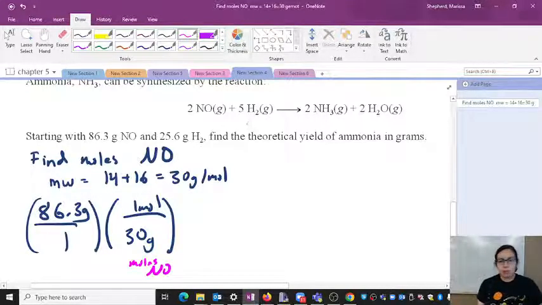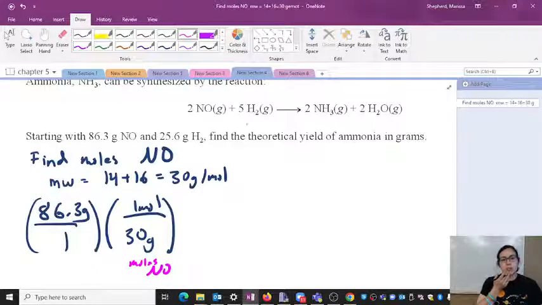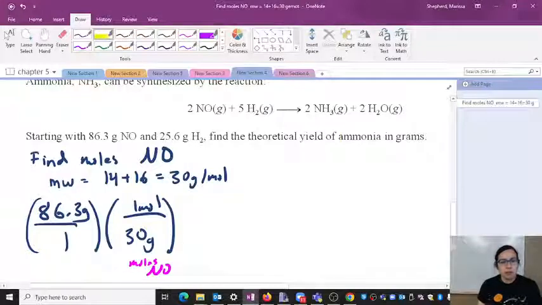So we could do that, or there might be a little bit easier way to do it, and we'd save ourselves some work in the future. So instead of comparing NO and hydrogen, what else could we compare? Because you're not wrong, it's just the longer way of doing things. We're trying to find ammonia in the end, so what am I really interested in?